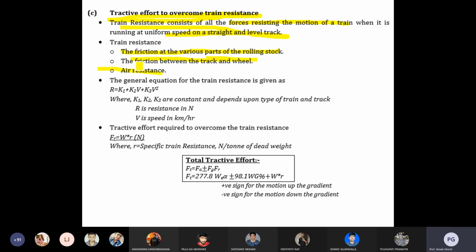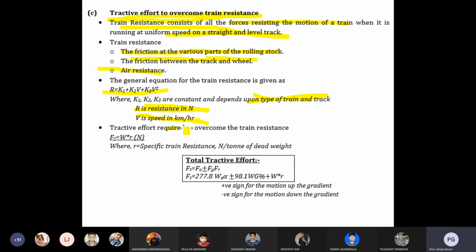In general, the train resistance is given by R equals K1 plus K2 V plus K3 V square. K1, K2, K3 are constants and depend upon the type of train and track. R is resistance in Newton, V is the speed in kilometre per hour, so you can convert them to get that one.